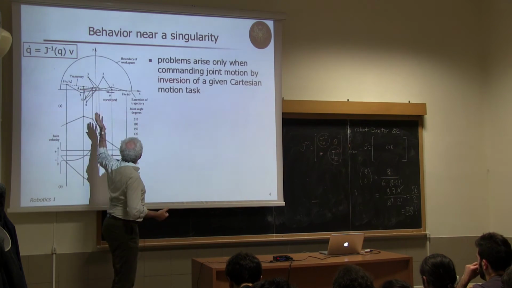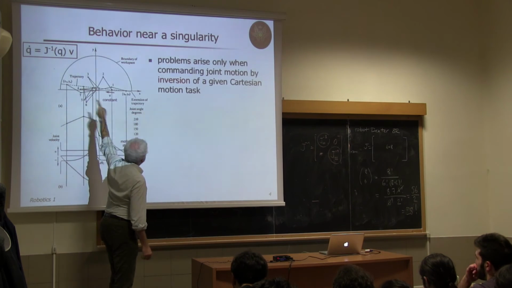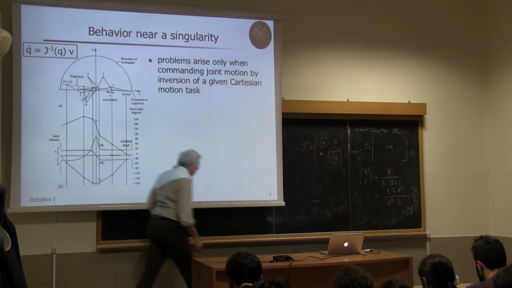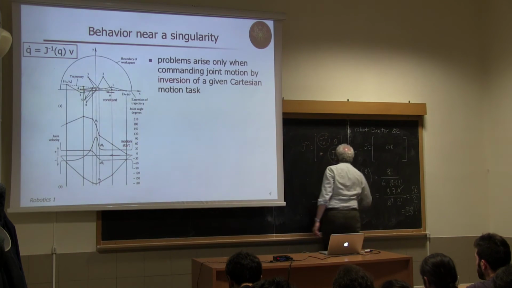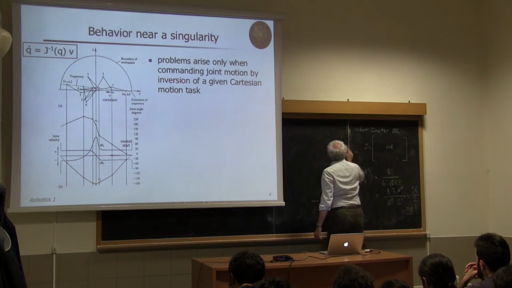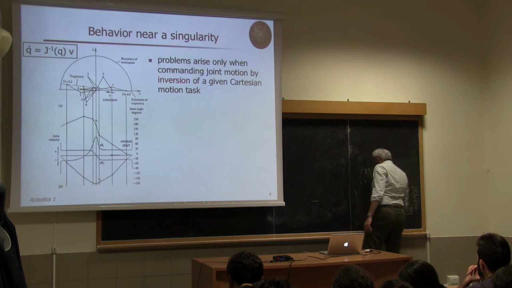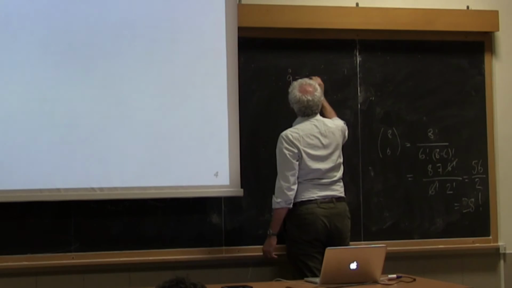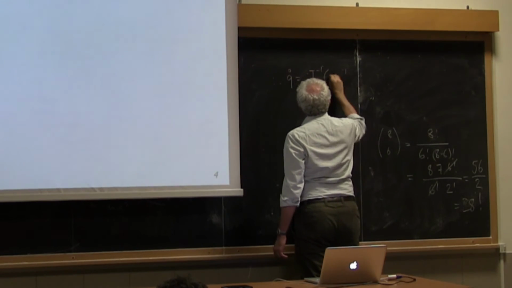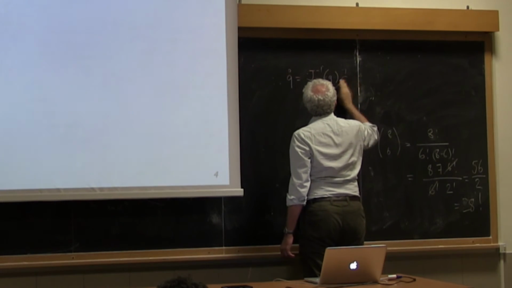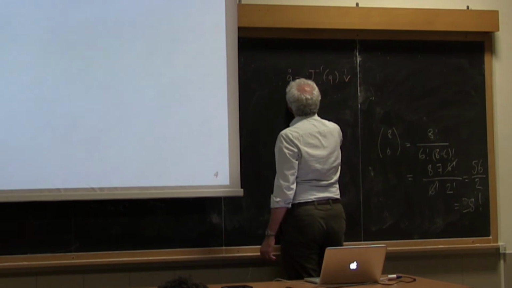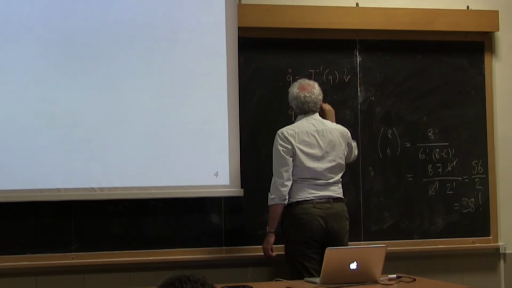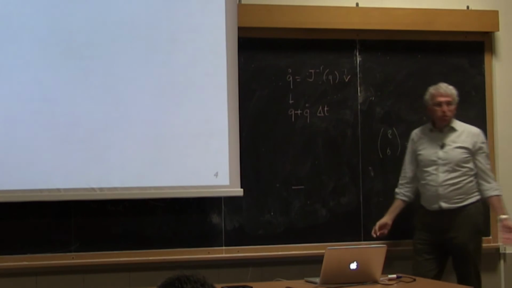But if we are generating motion by inverting this mapping, and pay attention, every time you do this, you do Q dot = J to the minus 1 of Q times V, and then you have Q plus Q dot times dt, and you have the new configuration.